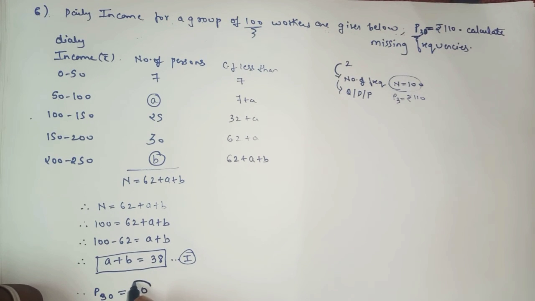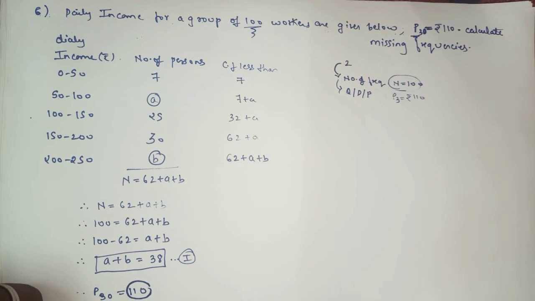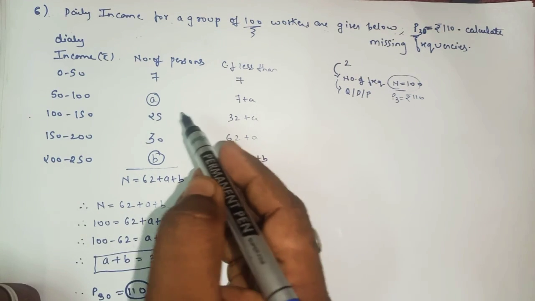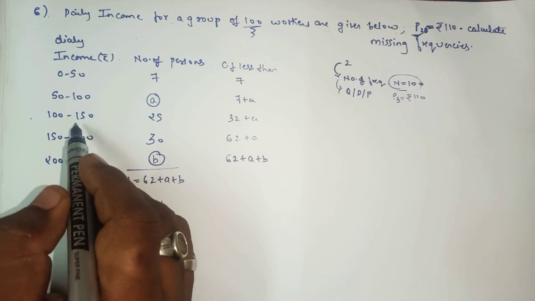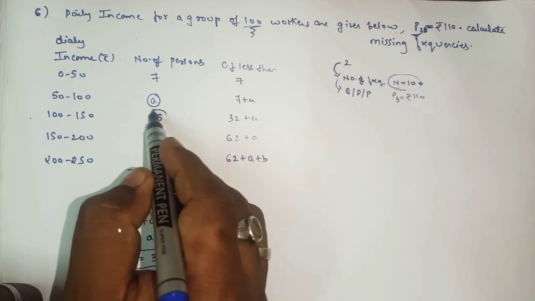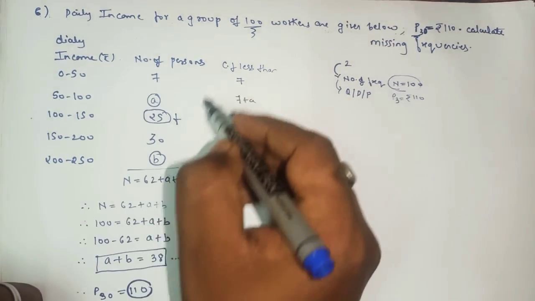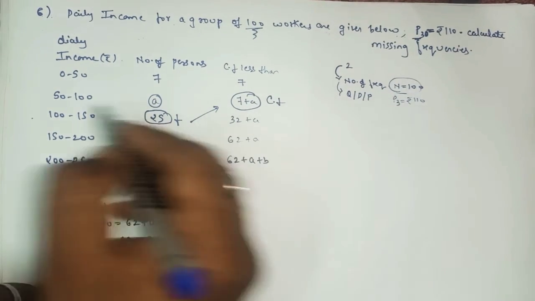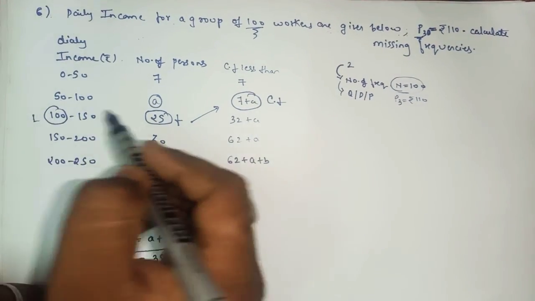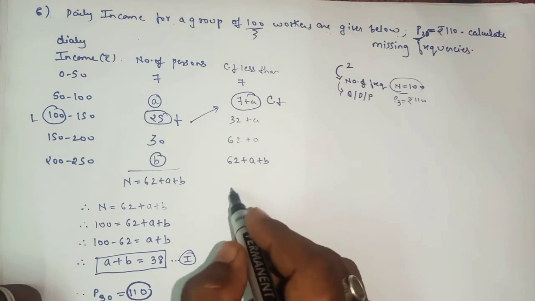Okay, so simply we have to take this value 110 and see where it lies. So it lies between 100 to 150. So this will be your frequency, in the cross you will get the cumulative frequency, and this will be your L, yes or no?